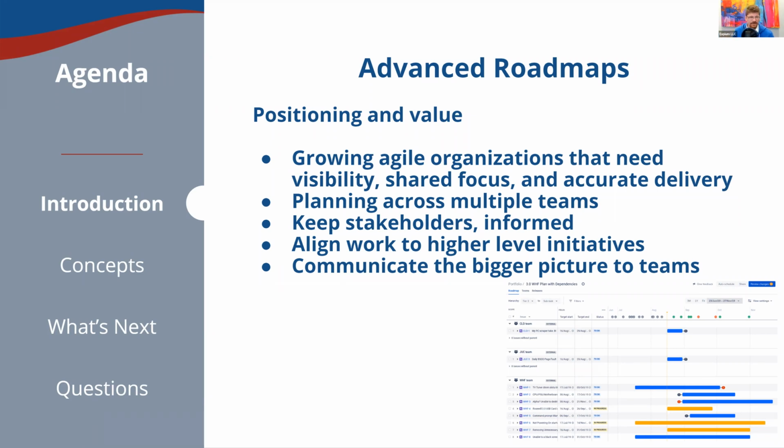So Jira in the box starts with just subtask, story, epic hierarchy. And when you add Advanced Roadmaps, you get an infinite hierarchy on top of that. So if your company operates on strategic themes and initiatives and then Jira epics, no problem. It'll build that into the tool. And lastly, it allows you to communicate a bigger picture to teams. So really, it's all about visibility.